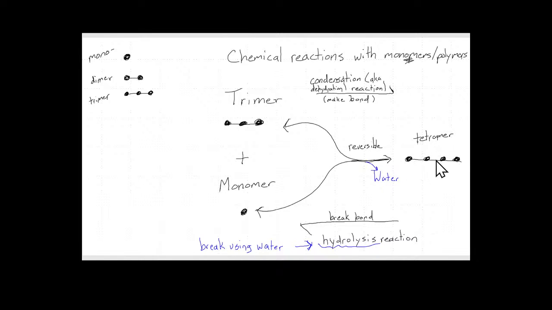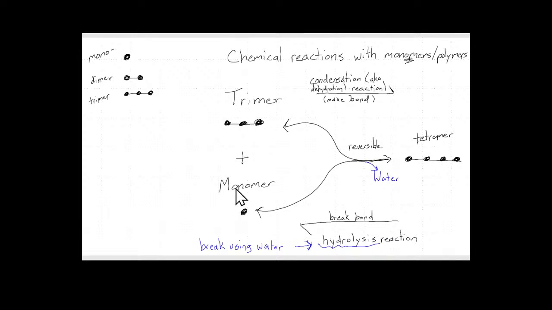So there are now 4 parts in the molecule where there used to be a 3-part and a 1-part separate. This reaction is reversible, and water plays a key role in this reaction.